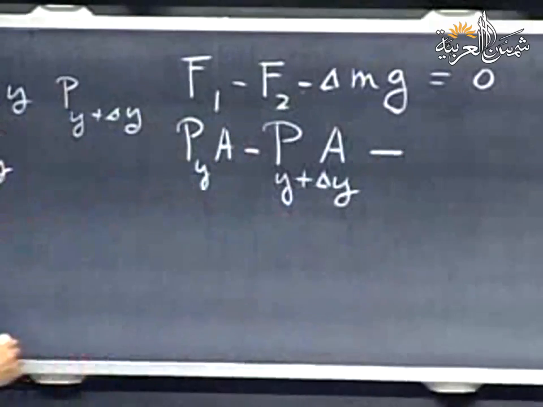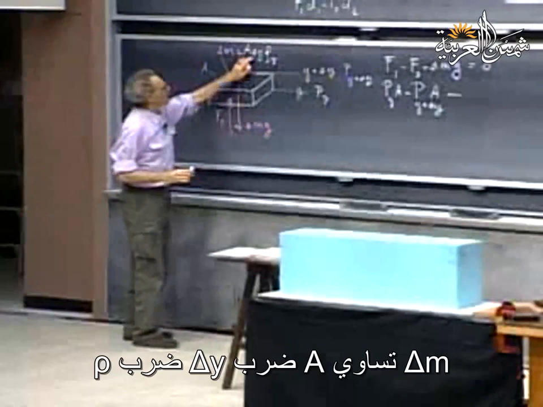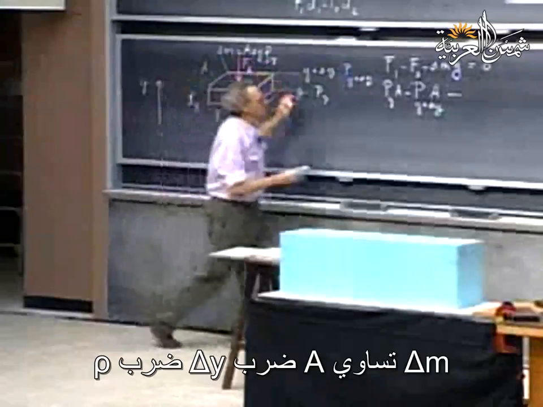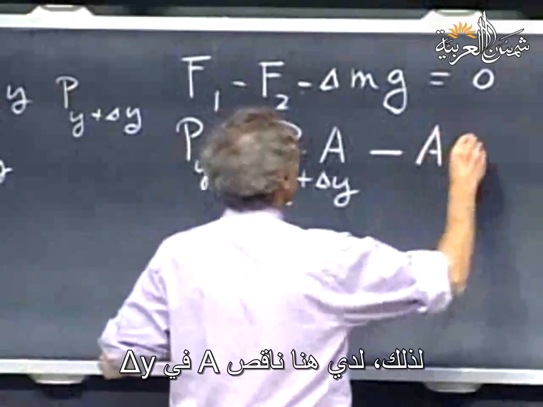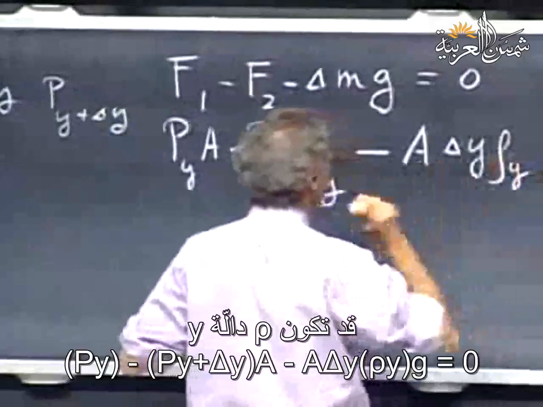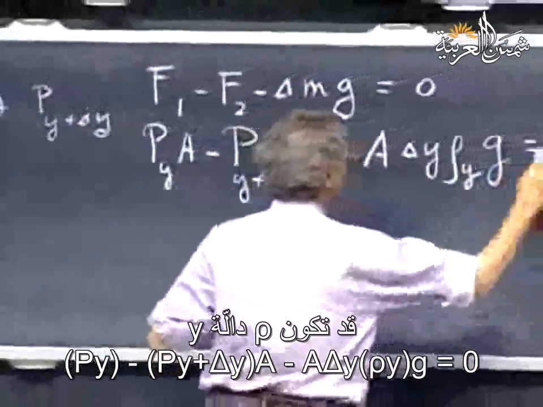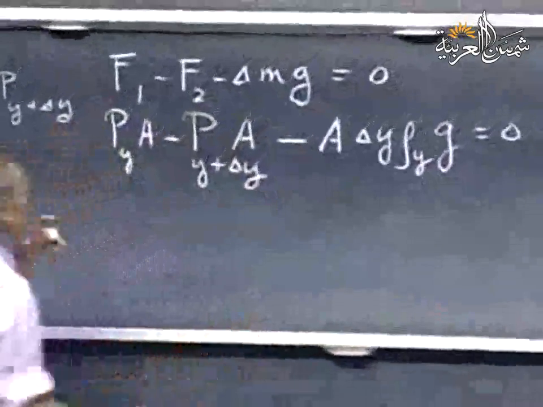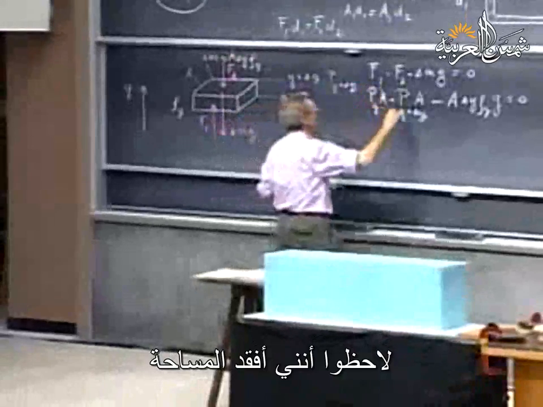minus delta m, which is A delta y times rho, so I get minus A times delta y times rho, which could be a function of y, times g, and that equals 0. Notice I lose my area.